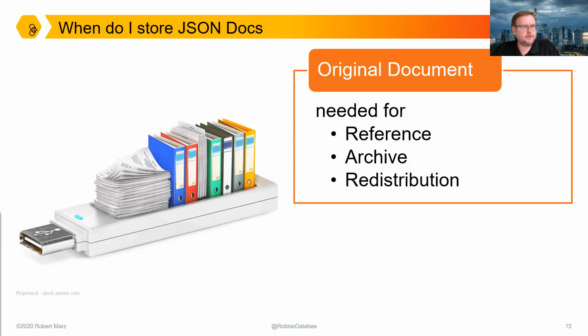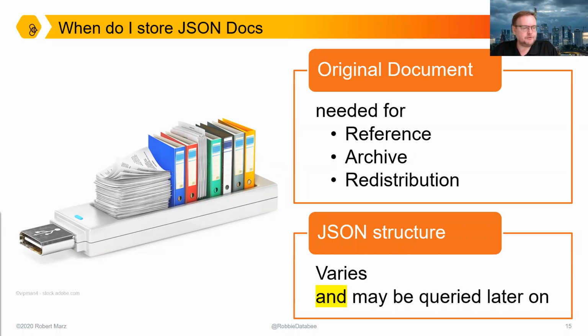So we are storing the original JSON documents when we need them for reference, when we want to archive them, or when we want to redistribute them, giving them again to different customers or different computers or whatever. Another reason for storing JSON documents is that the JSON structure can vary, and JSON documents can store much more information than we originally need in the first place. So if you want to reference or query those documents later on, it is a good idea to store those JSON docs inside the database.